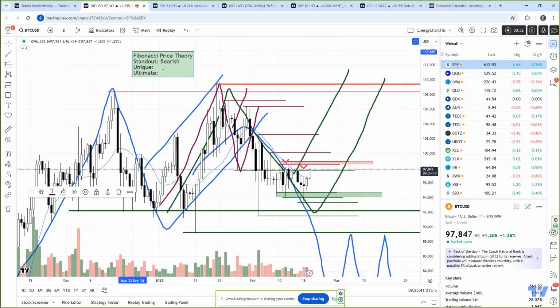We are in a bearish unique, and we are in a bearish ultimate, with the last breakout back below here. So where we're at with Bitcoin is that we are rolling into a bearish sideways channel.